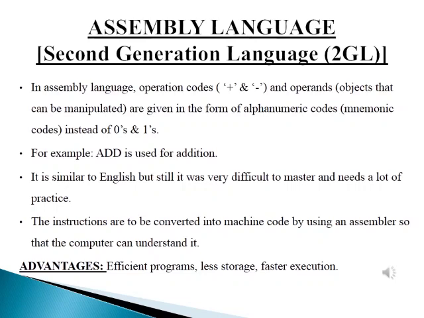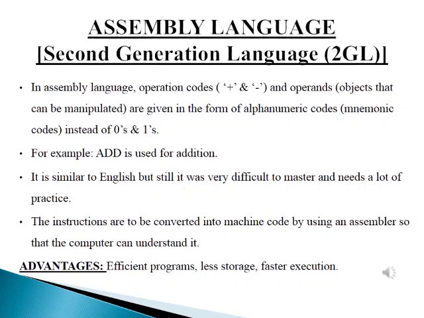This language was very similar to English, but still it was very difficult to master and needs a lot of practice. All the instructions are to be converted into machine code by using an assembler so that the computer can understand it. So we can say that the instructions written in assembly language by the programmer needed to be converted into machine language so that the computer can understand it.